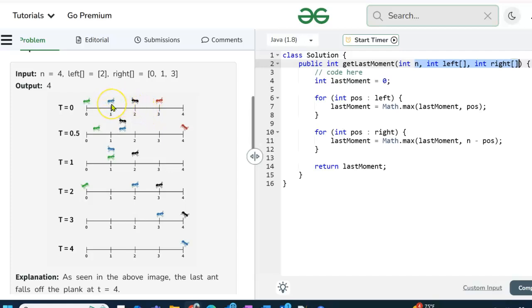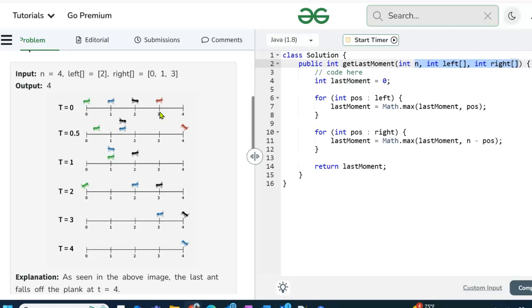Now, this ant, in 2 seconds, without any other ants in the way, would be at position 3 and moving to the right.